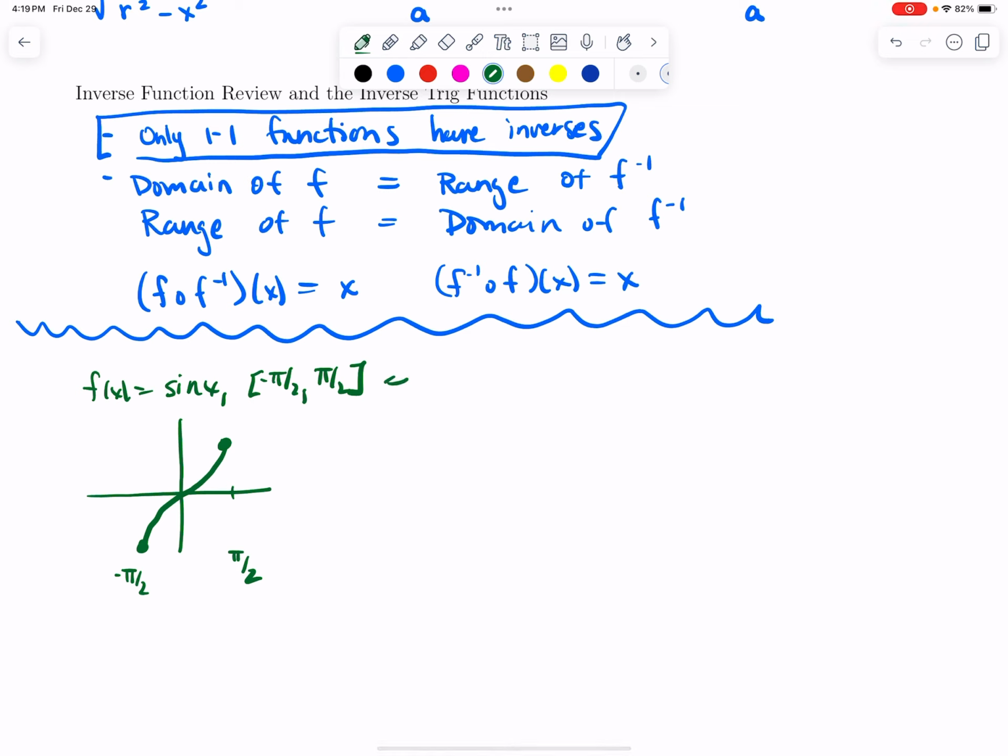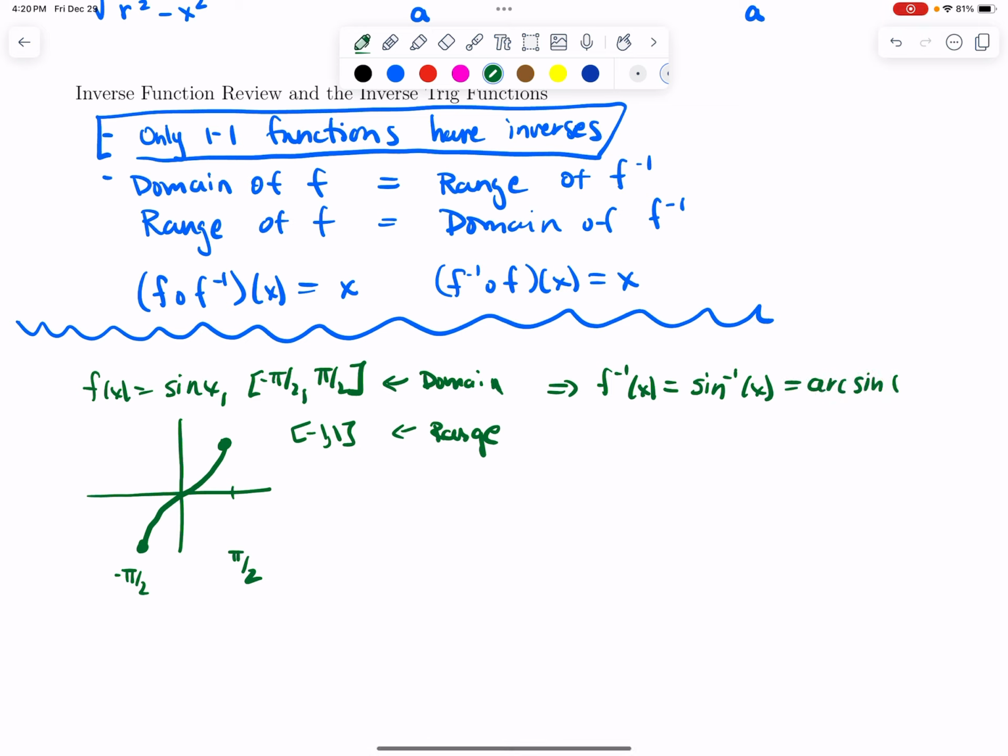So this is the domain. And as you can see, the range is negative 1 to 1, right? Spans the entire range of original sine. Okay, this function has an inverse. So f inverse of x, we denote sine inverse of x, or arcsine of x, that's another way to write it.